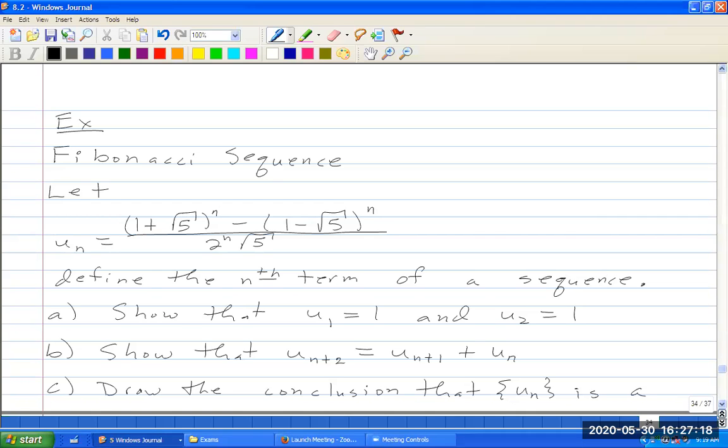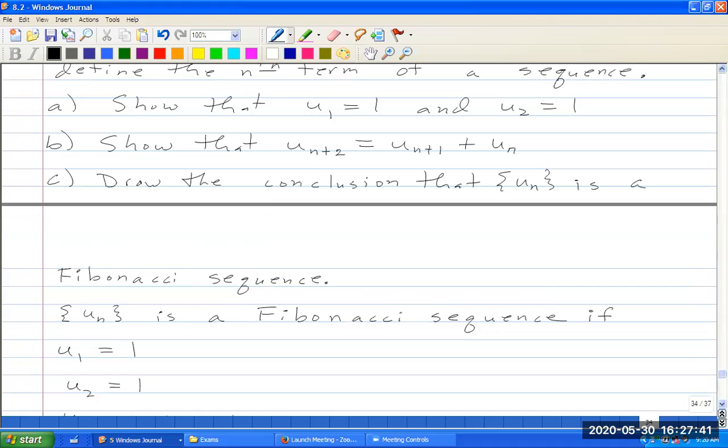Show that u sub 1 is equal to 1, u sub 2 is equal to 1. B, show that u sub n plus 2 is equal to u sub n plus 1 plus u sub n. Draw the conclusion that u sub n is a Fibonacci sequence.